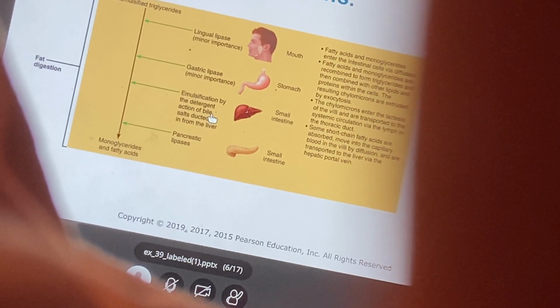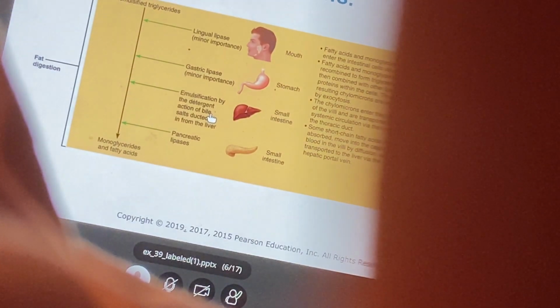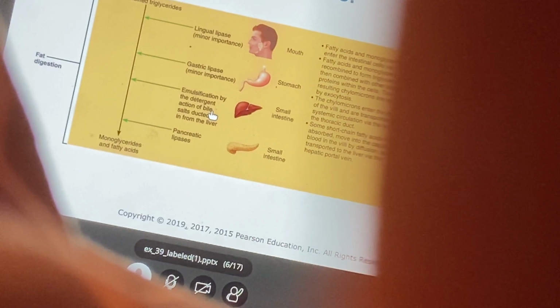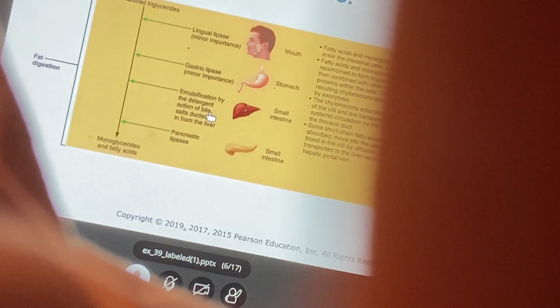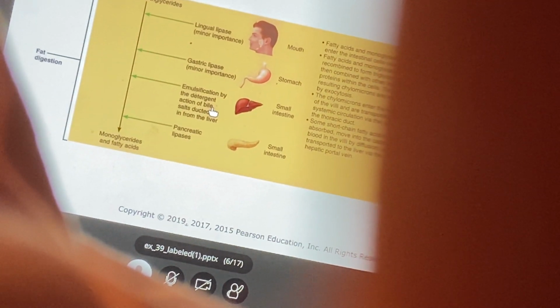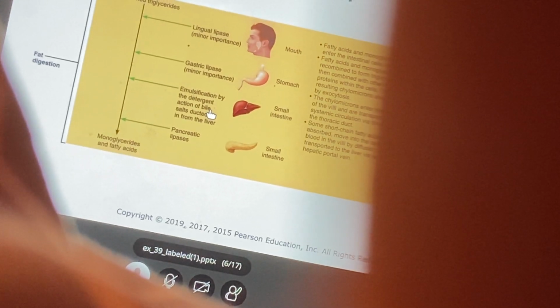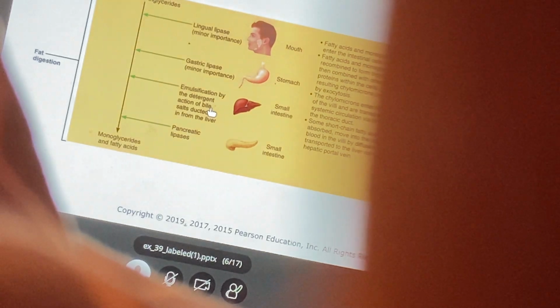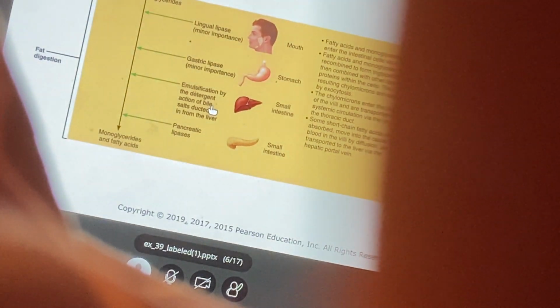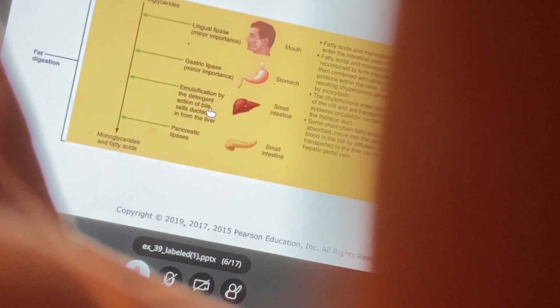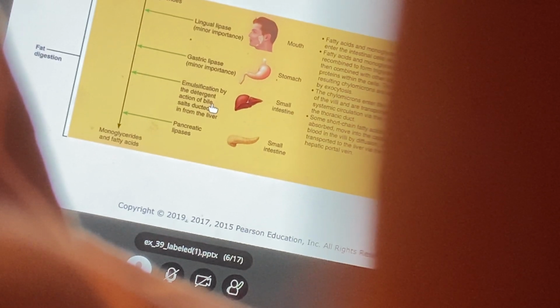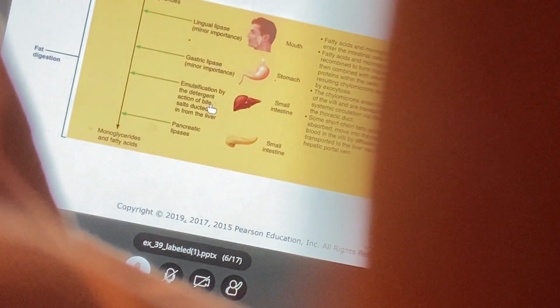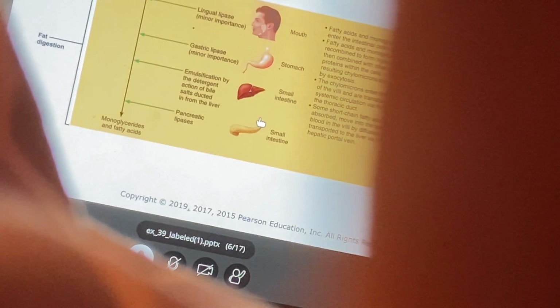Okay, so what will happen to the fat that we eat? It will be digested in the mouth, the stomach, and the small intestines, and converted into monoglycerides and fatty acids. Okay, these are the end products of fat digestion.